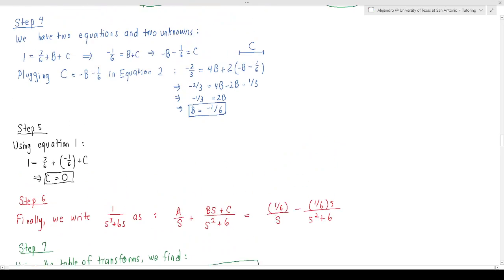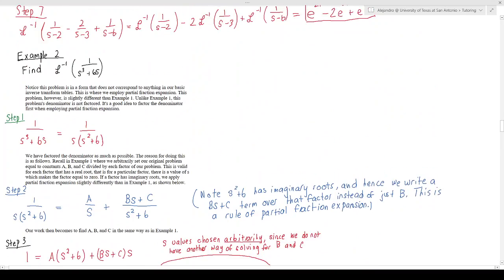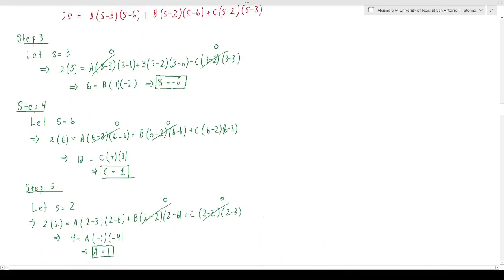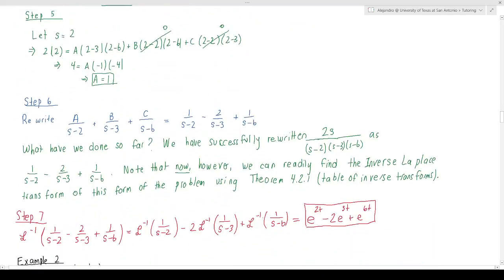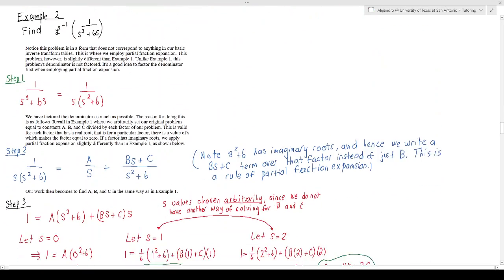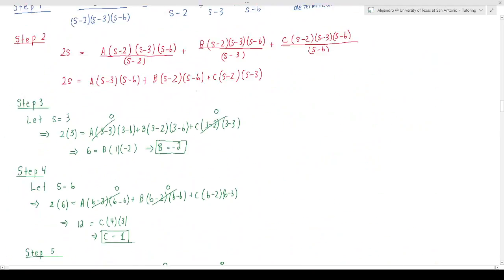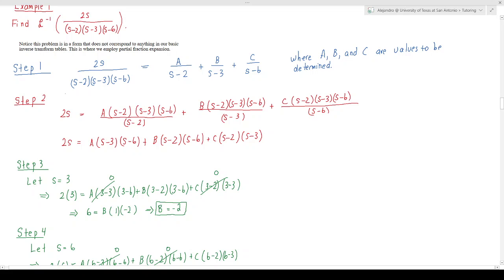So it's important to remember that the partial fraction expansion is going to look different in certain problems. In the problem where we have nothing but real factors, which is this problem here, we have s minus 2, s minus 3, s minus 6.